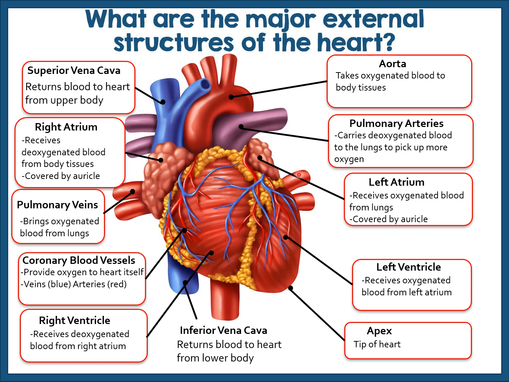So the right atrium is going to receive deoxygenated blood from the body, and it's covered by this auricle. While over on the left atrium, this will receive oxygenated blood from the lungs, and it will be covered by another auricle.